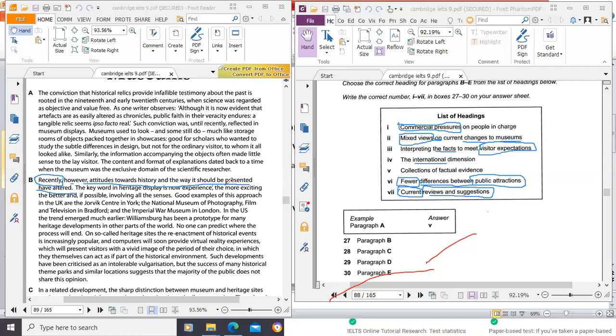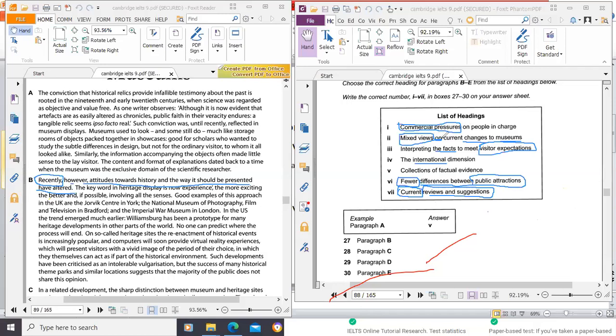So it is best for you to even translate in Yoruba, my brother, or in your local language, and say, recently, however, attitude towards history and the way it should be presented have altered. Okay, can you tell us which one do you think is the answer here? Definitely, they are not talking about commercial pressures.